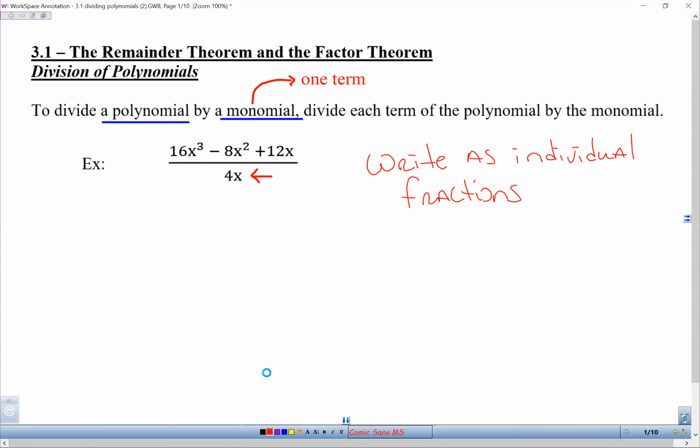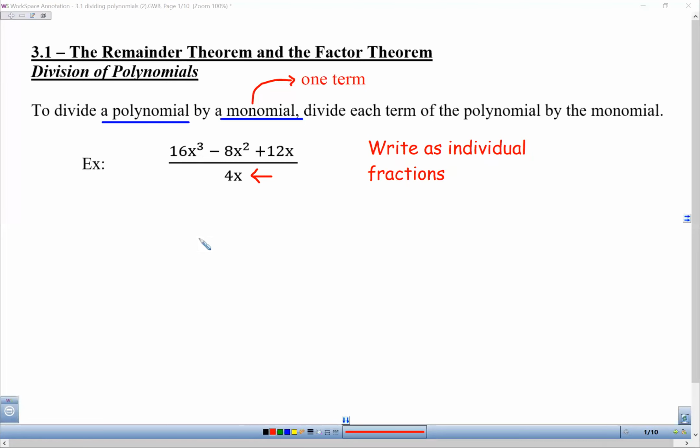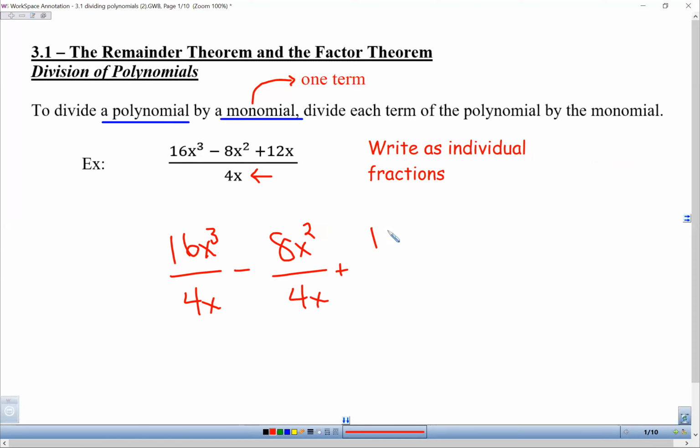Okay, so each one will be a single fraction, so we've got 16x to the third over 4x minus 8x squared over 4x plus 12x over 4x. Oops, left out the x there. There we go.